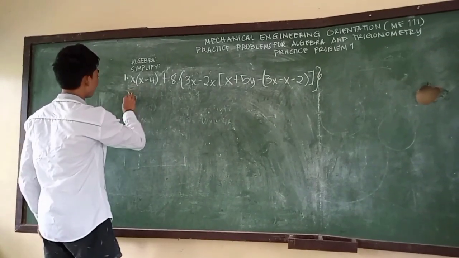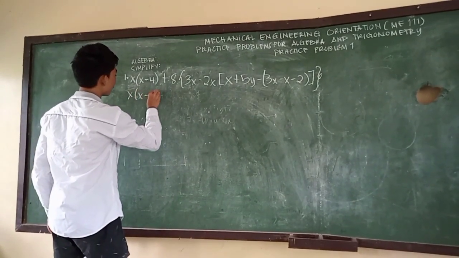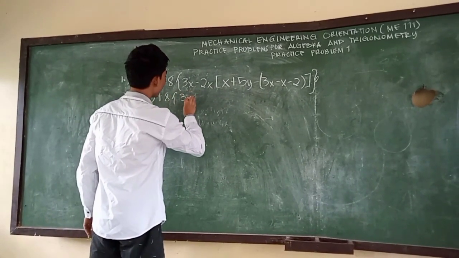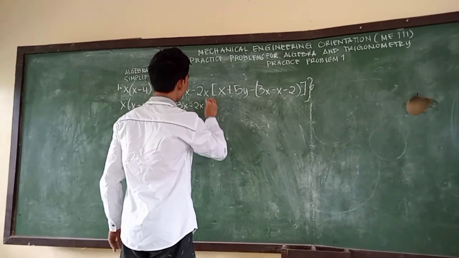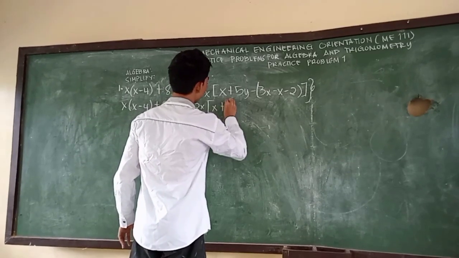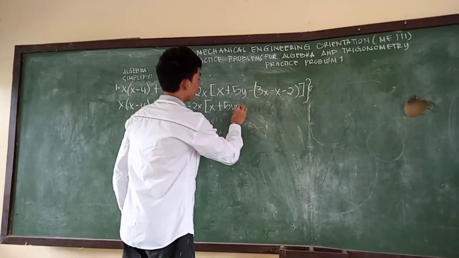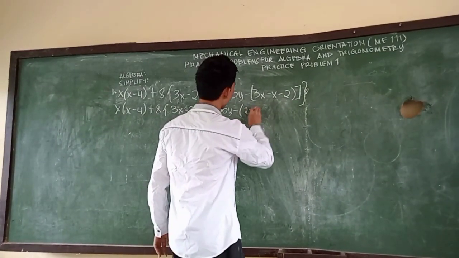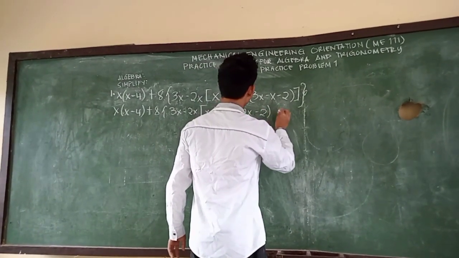So, we will copy x(x − 4) + 8{3x − 2x[x + 5y. 3x − x is 2x, then copy negative 2.